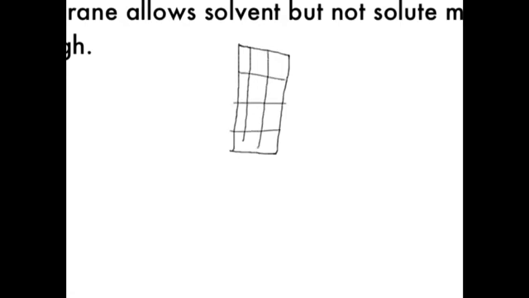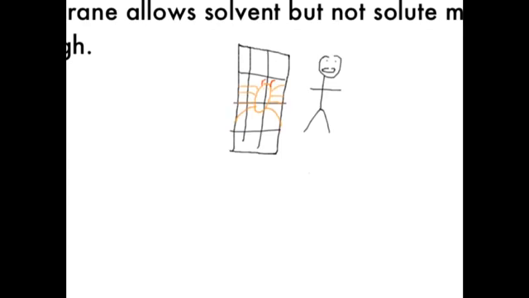Let's take, for example, the screen door on your house is a semi-permeable membrane. Here's your door, here's the screen, here's you. You are not smiling, you are a little bit scared because there is a very large vicious spider on your screen door.